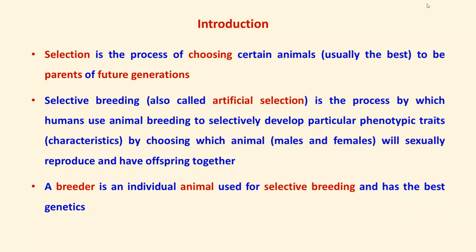First, we'll see what are the breeder animals. Breeder animals, firstly, are definitely the animals which are capable of reproducing. They are the animals used for selective breeding and have the best genetics. Which means, in the herd, the animals having the best genetic makeup for the traits you want to select are your breeder animals.